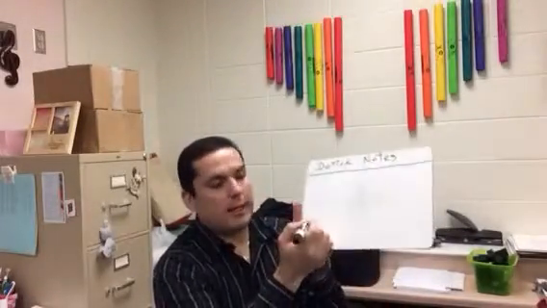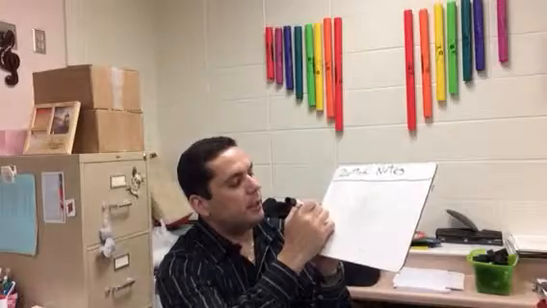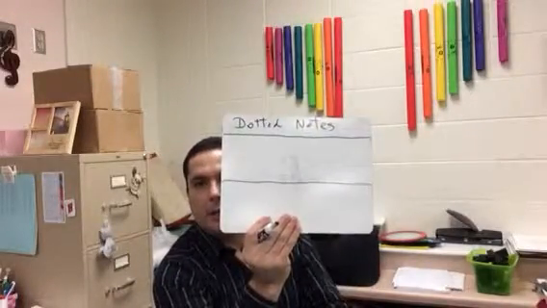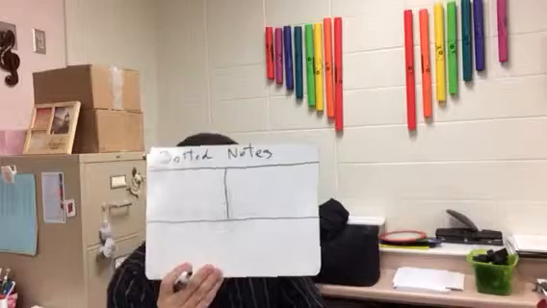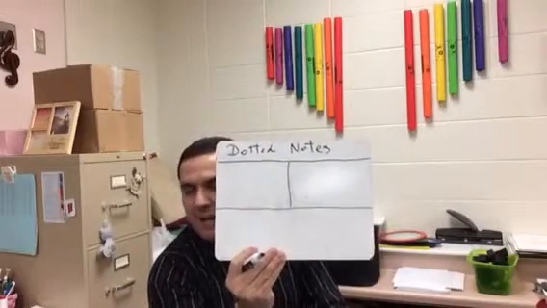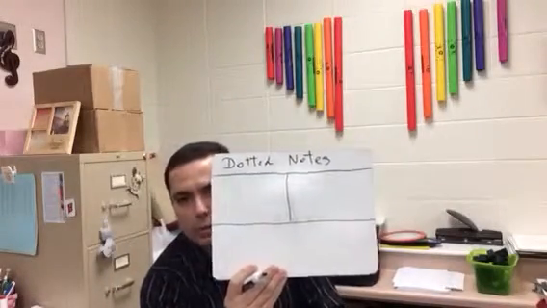After you do that, I want you to draw a line at the bottom right here, all across the board. Okay, and then we are going to split the top. And today we'll be talking specifically about dotted half notes and dotted quarter notes.